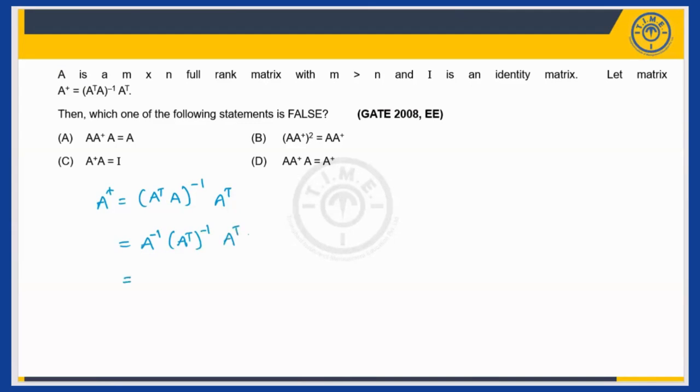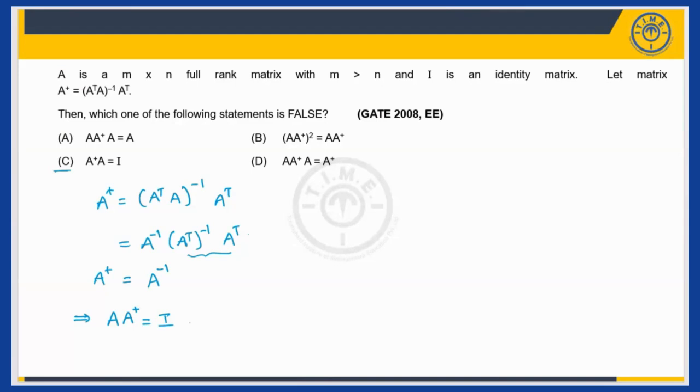And that is equal to A inverse and (A transpose) whole inverse and A transpose. This part is I, so I'm getting A plus equals A inverse. That implies A into A plus equals the identity. So the first one is true, and C is true.